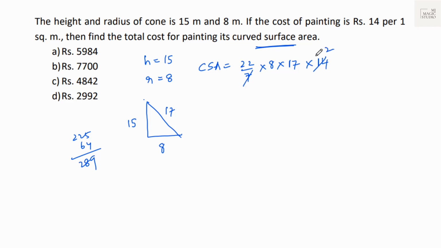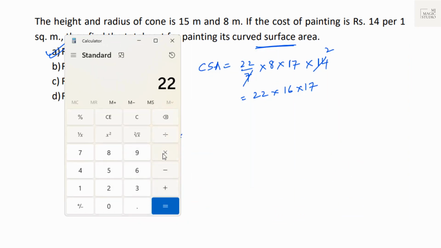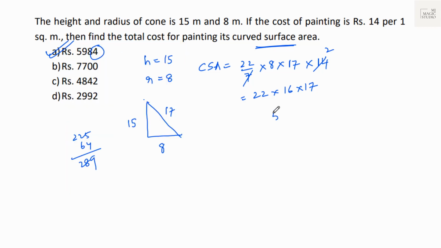So it is 22 into 16 into 17. Only this is the option which ends with 4. Option A is the pick. Let's check. It is 22 into 16 into 17 is 5984 rupees. Option A is the pick.